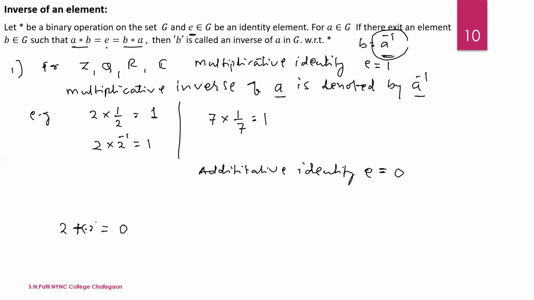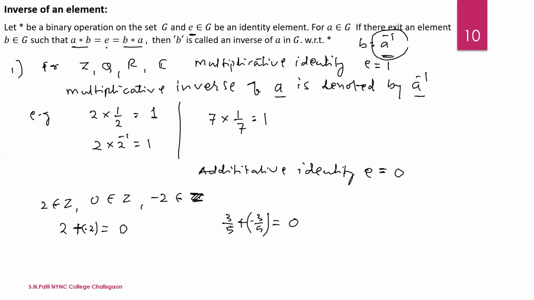Which one is minus 2? Now 2 belongs to the set of integers, 0 also belongs to the set of integers, and the inverse minus 2 belongs to the set of integers. You can take any element. Suppose from the rational numbers I take 3 by 5; adding, we find the inverse such that the result is 0. That is minus 3 by 5.